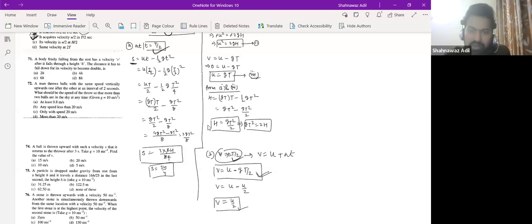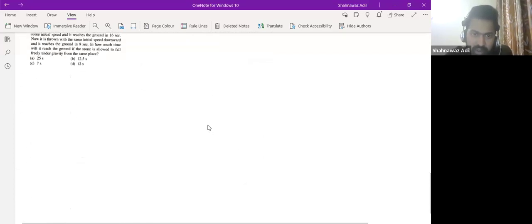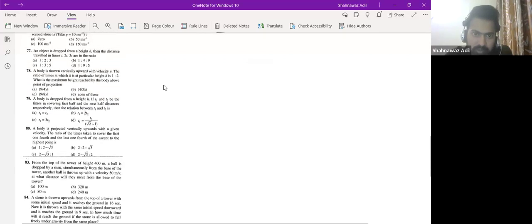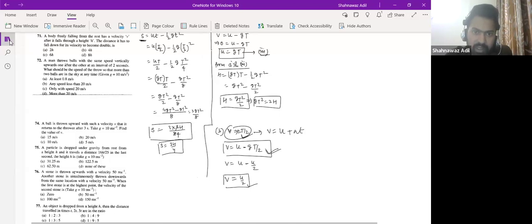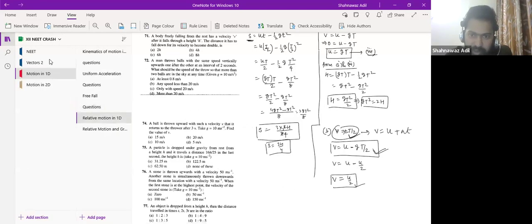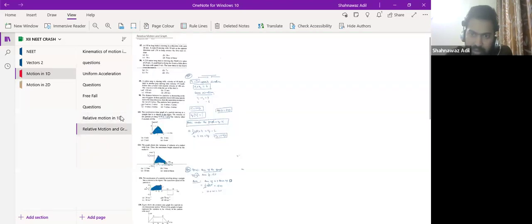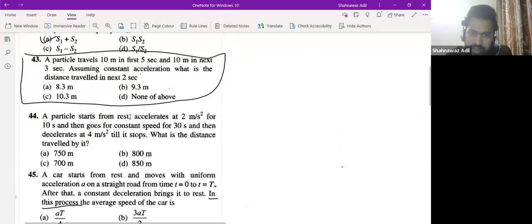So this was about free fall, right? And I believe that you can do some question based on this one. So now, what do we have? Yeah, now let's do some question based on relative motion. Yes, I guess there was some question in here also.